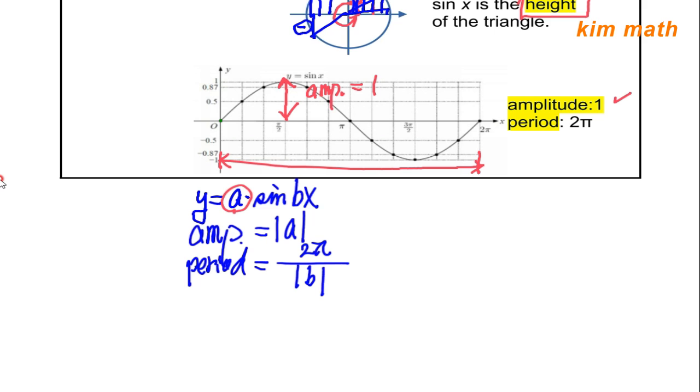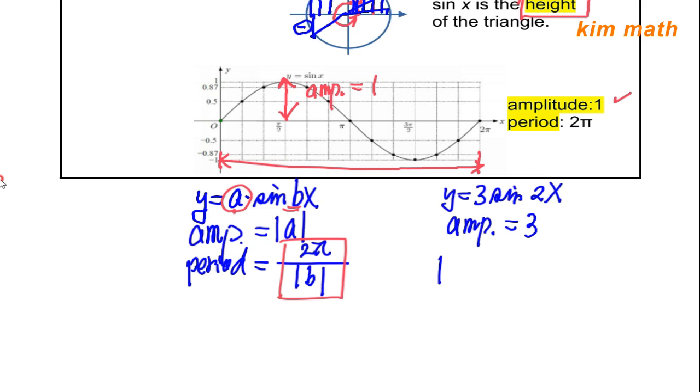But if this number is increasing, from this relation please note that the period is decreased, which means if b is a number greater than 1, then the whole graph is compressed horizontally. Okay, so for example, if you have y equals 3 times sine of 2x, then amplitude will be the absolute value of 3, or just 3.